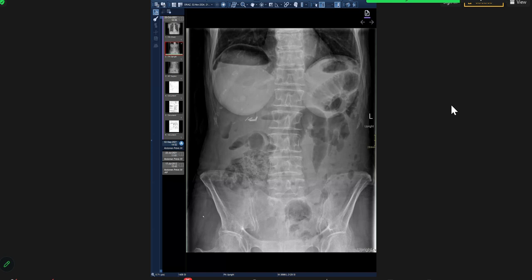Moreover, I can see a few dilated gut loops, which are likely small gut loops, predominantly seen in the left hypochondrium as well as in the central abdomen. However, I can see air in the location of the large gut loop. I can see free air below the right hemidiaphragm.